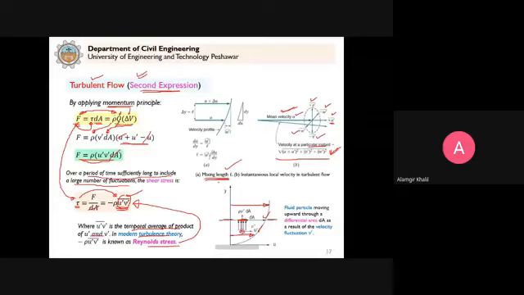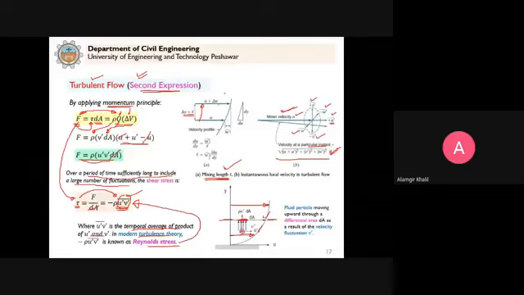So Ludwig Prandtl gave the concept of mixing length, and how can we define this mixing length L? It says that whenever a fluid particle is here and tries to move to this upper layer, because it is moving from a lower velocity layer to a higher velocity layer, it will bring a change in this layer that will be negative.